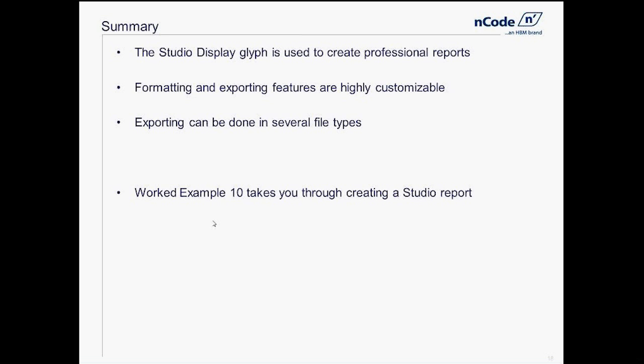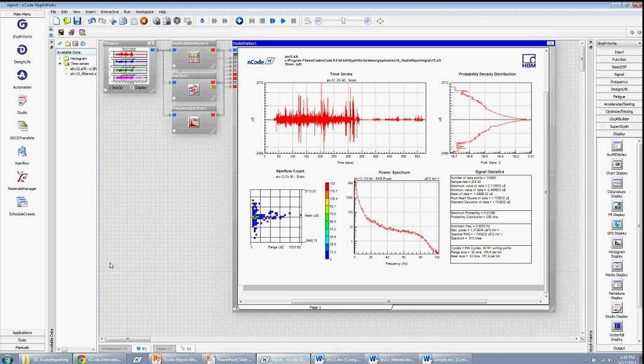So highly customizable. And then just lastly, it's worth mentioning that for work example 10, there is a step-by-step procedure, instructions that you can follow. Let me go ahead and jump into nCode and I'll show you where that can be accessed. So over on the far left, if you've not used these at all before, you can go to Manuals. You can open up this third PDF document down.